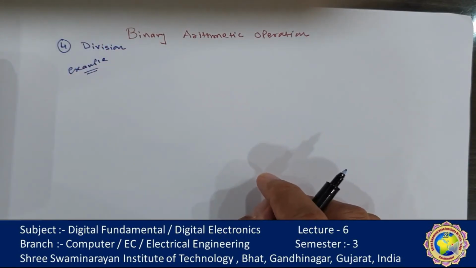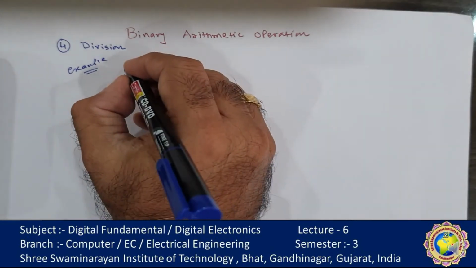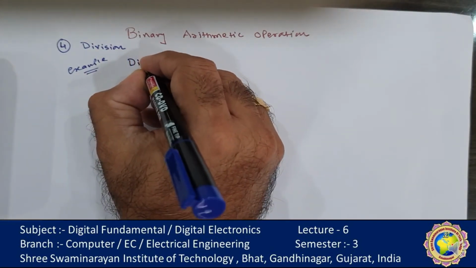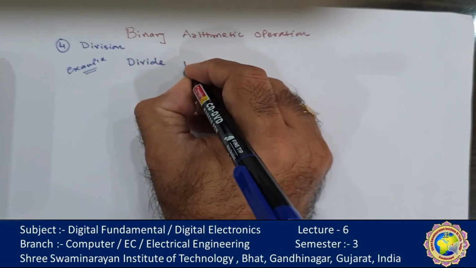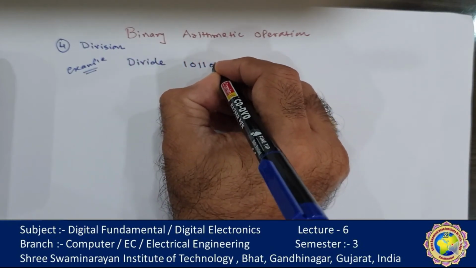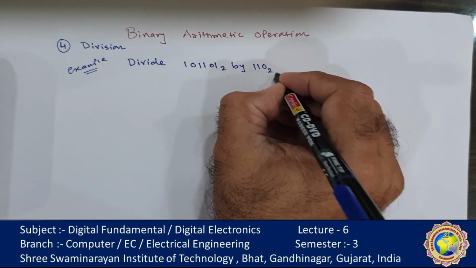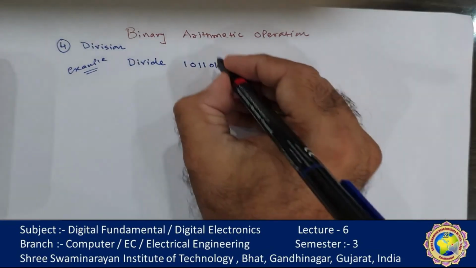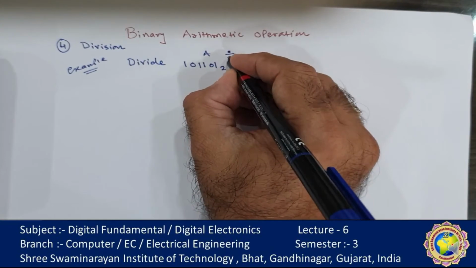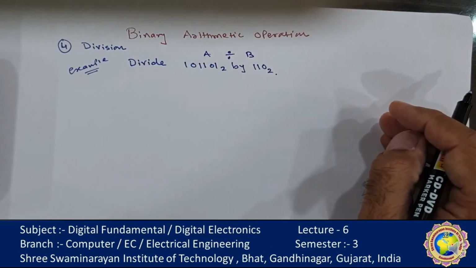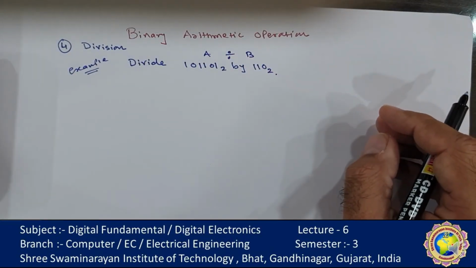First we will take a simple integral part. There are no decimal points. So divide 1 0 1 1 0 1 by 1 1 0. Okay. So we have to perform this A divided by B. Okay.